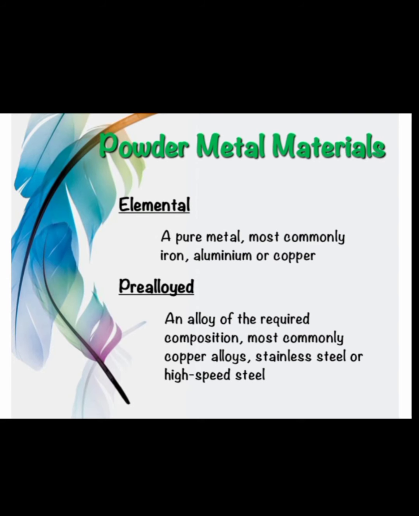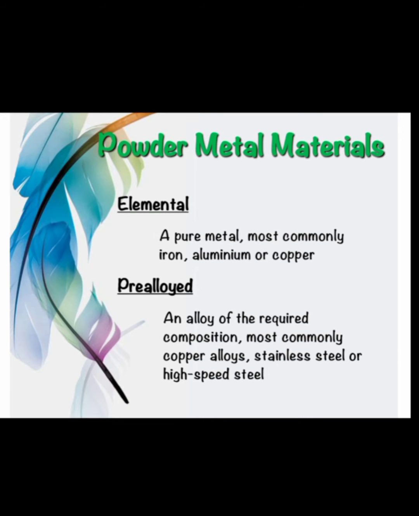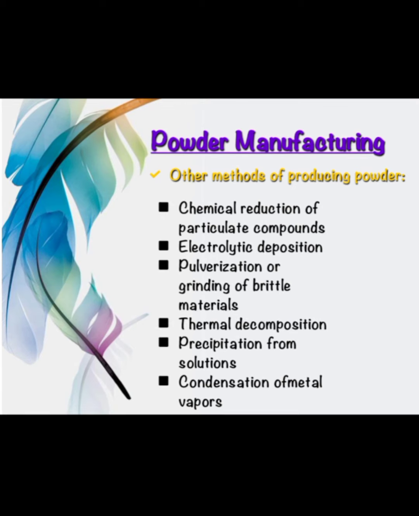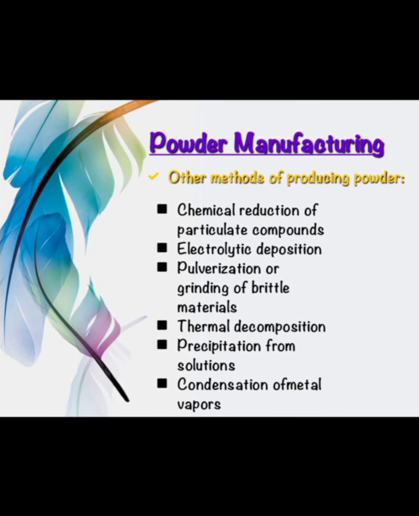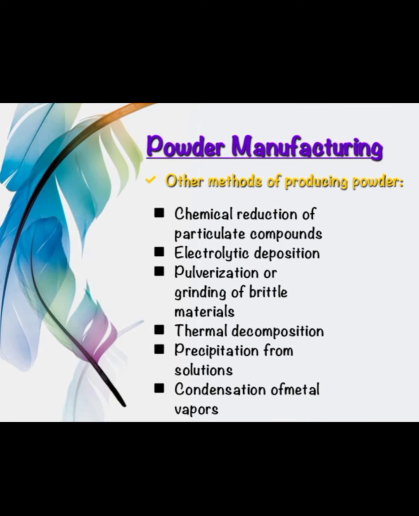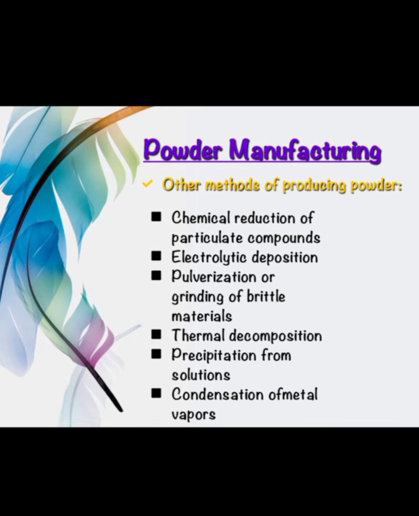And pre-alloyed means an alloy of the required composition, most commonly copper alloys, stainless steel or high-speed steel. Let's see the other methods of producing powder: chemical reduction of particulate compounds, electrolytic decomposition, thermal decomposition, condensation of metal vapors.